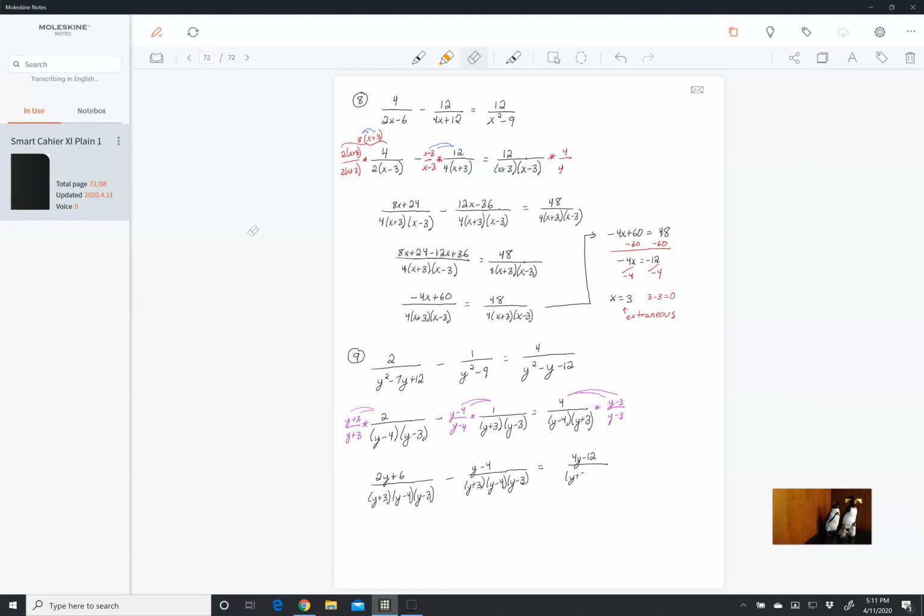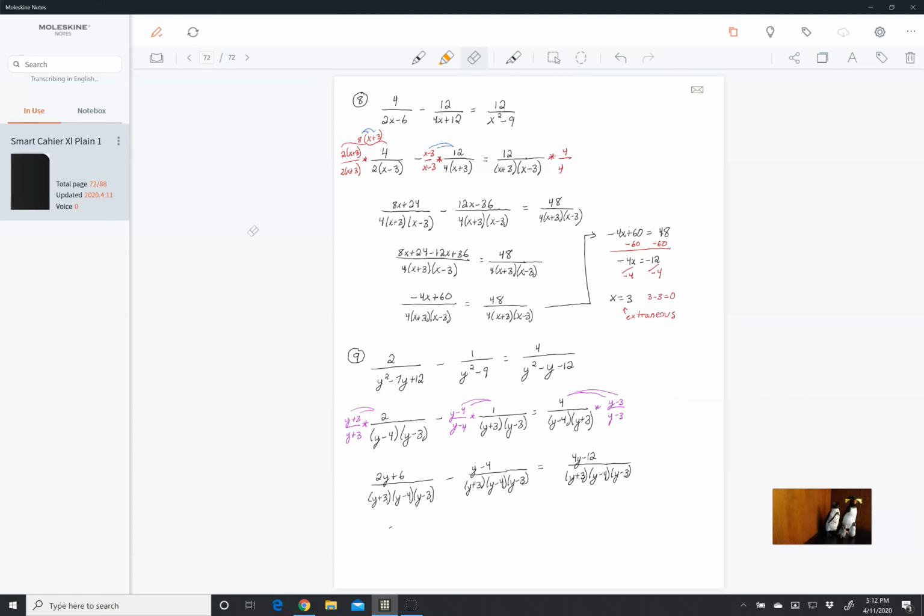Y plus 3, y minus 4, y minus 3. I'm just switching the order just so that it's really clear that we have the same denominator all the way through. Okay. I'm going to put this in here as an extra step again, but you don't have to.